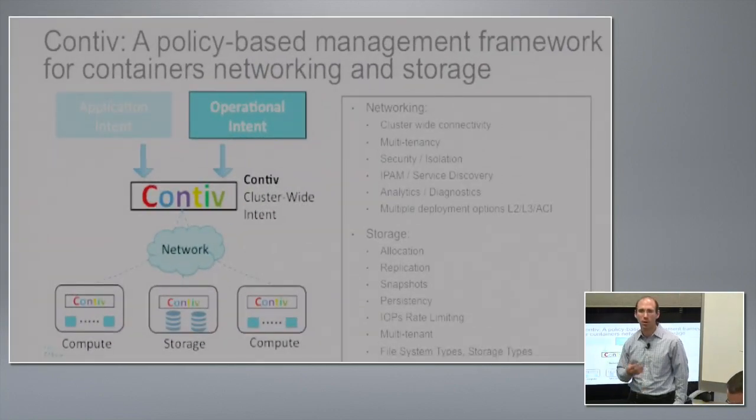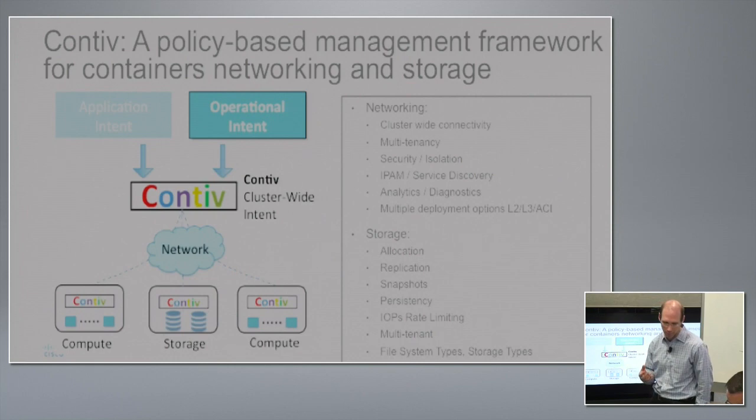So what do we mean when we talk about policies with Contiv? There are two key dimensions where we've been investing. One is around network. We're looking at things like cluster-wide connectivity and being able to do multi-tenancy. So Contiv can handle overlapping IP addresses and manage them.